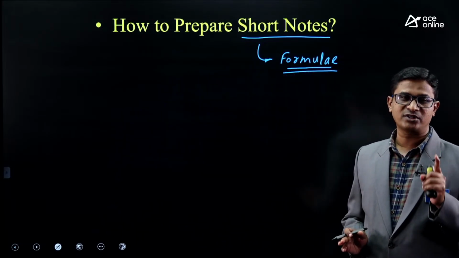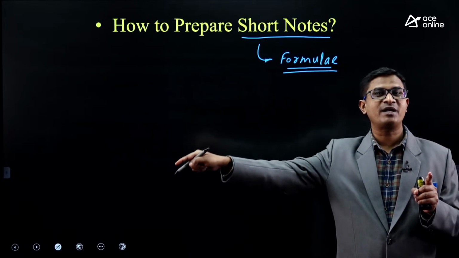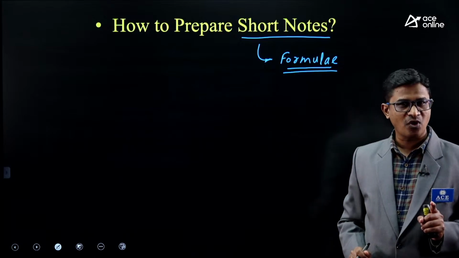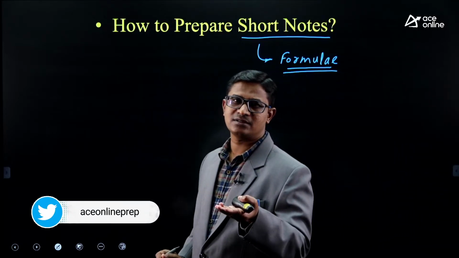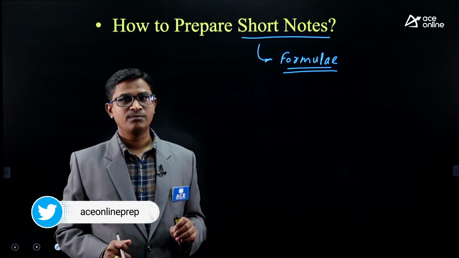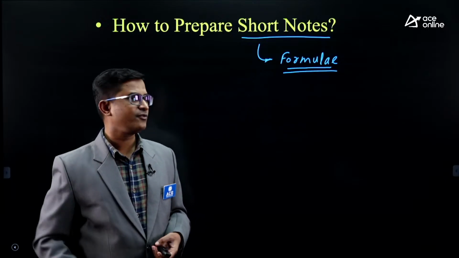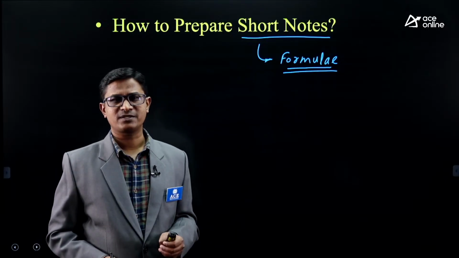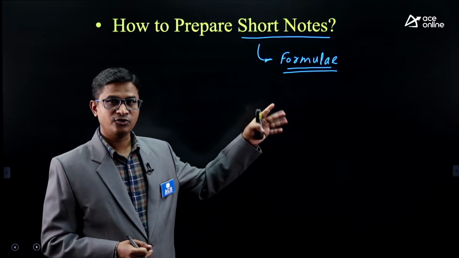And one more thing, don't refer to the short notes prepared by your friend, because your friend might feel some concept is difficult, but you can be familiar with that concept. So it varies from human to human.